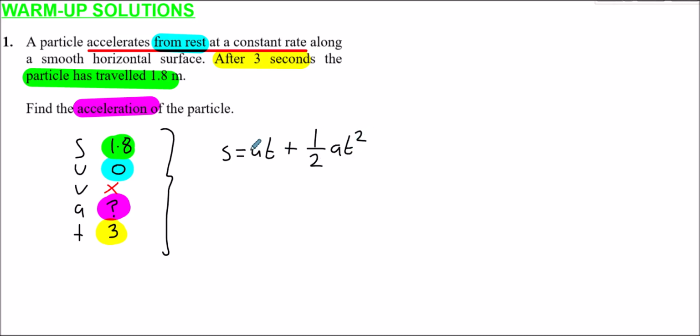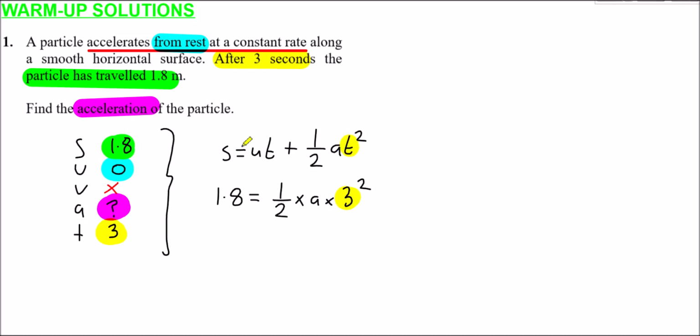So now what we can do is just fill in what we know and then rearrange. Okay, so s is 1.8. u is 0, so ut is 0. So we're just going to have half multiplied by a, which we're trying to find, then multiplied by 3 squared. So it won't be long until we've found out what we need.